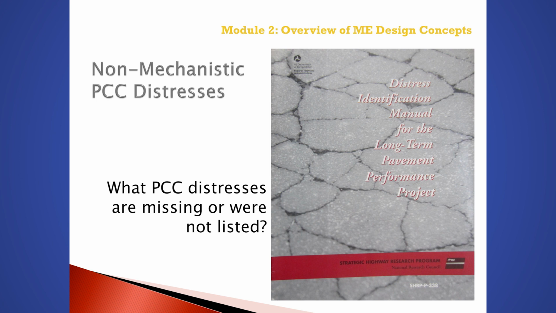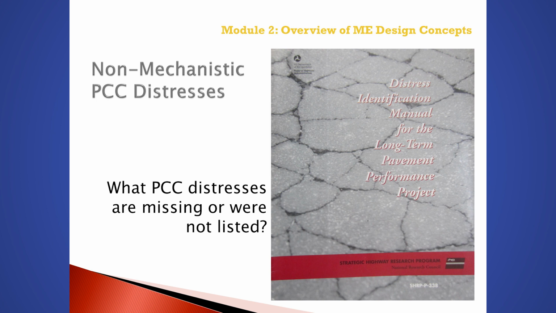Before moving to the flexible or asphalt pavement distresses and critical responses, not all Portland cement concrete distresses are considered by the PMED software. Other distresses occur in rigid pavements, but those distresses are not used or considered in the design of rigid pavements. Many of these rigid distresses are material related that can be controlled through the material specifications and/or mixture design.